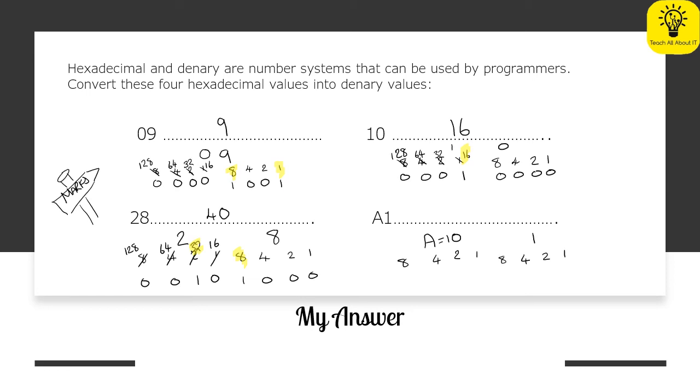So this last one is showing your understanding of the digits and everything else that you've done so far. So we have a 1. I do apologise if you can hear those seagulls. A is 10, so 8 plus 2. There we go. 16, 32, 64, and 128.